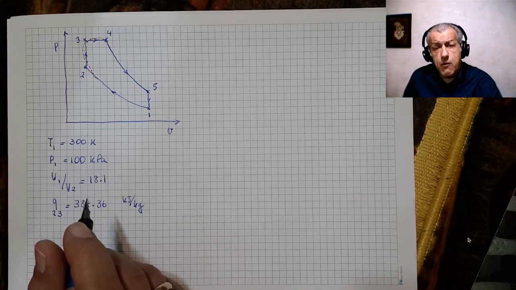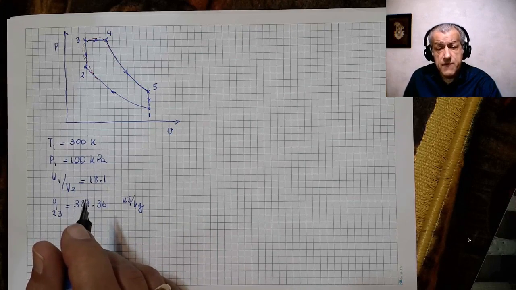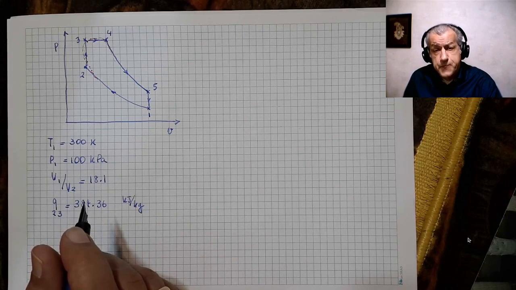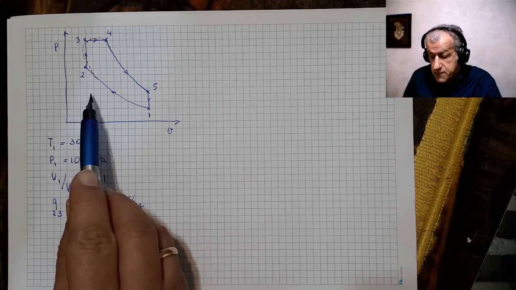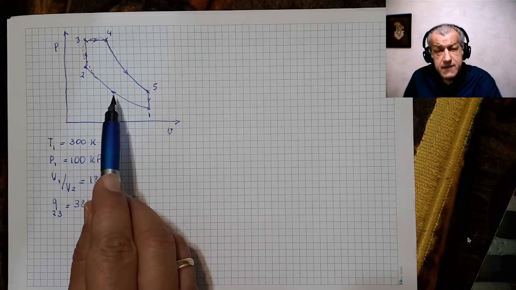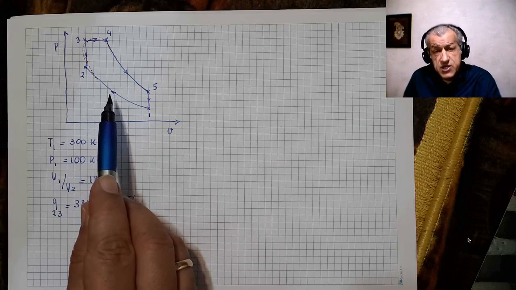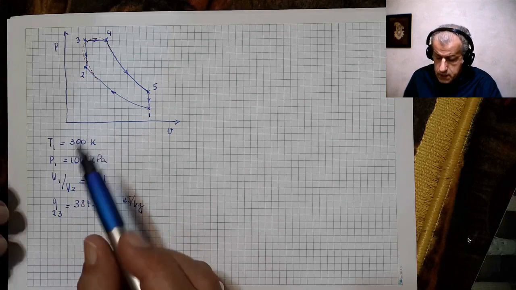Process 3-4 depends on the amount of fuel that we inject into the cylinder, and it basically says how far in the stroke the piston should move back while we still inject fuel.